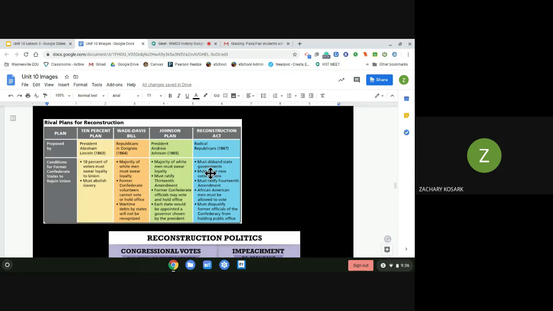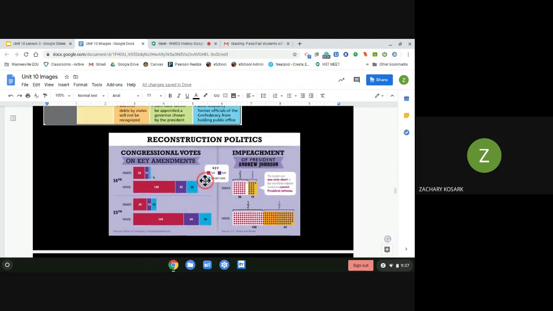And what we're going to see now is how we go from Reconstruction as a very forceful issue in the South, controlling the ways that Southern society is run, and really doing a good job of supporting African Americans' rights in the South.